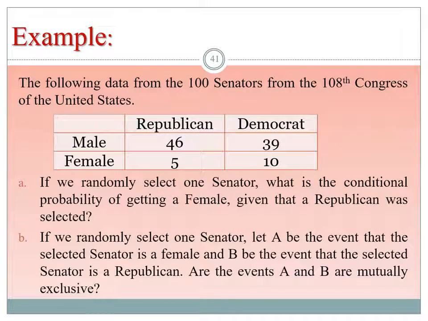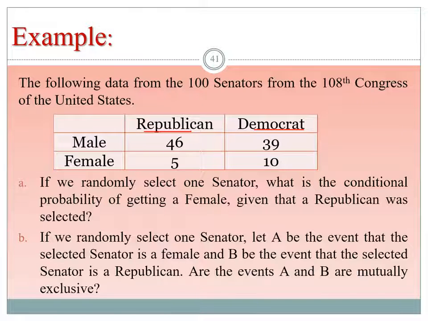This is the end of the example for application of conditional probability. Now, consider the 100 senators from the 108th Congress of the United States. They are given here by two political parties, Republican and Democrat, and two genders, male and female.